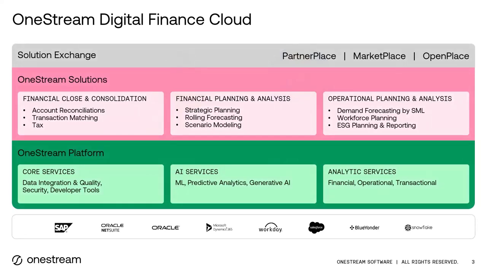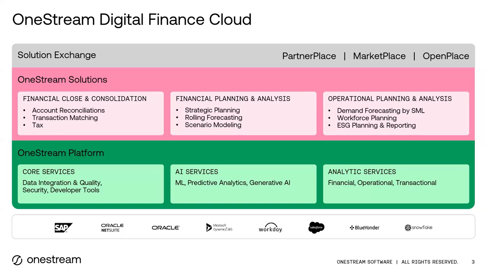But before we dive into that, I'd like to take a quick moment to introduce what we are and what makes OneStream unique. At OneStream, our mission is to take finance further with what we call the Digital Finance Cloud. And this isn't just another collection of disconnected tools or features. It's an all-in-one platform that unifies financial close, reporting, and planning with a strong focus on finance-led operational planning.